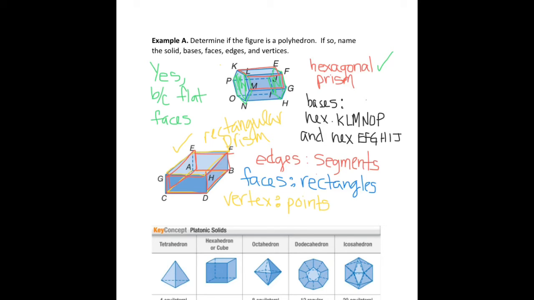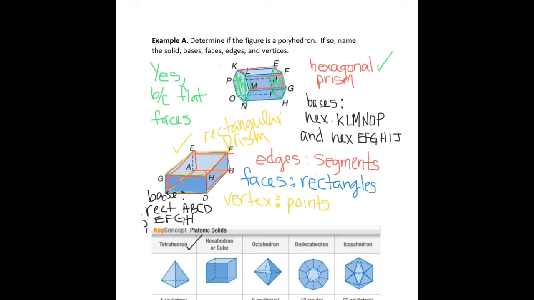The bases of the rectangular prism, well, these are rectangles, so it's rectangle ABCD and rectangle EFGH. The edges are going to be line segments, and the vertices are actually going to be points.